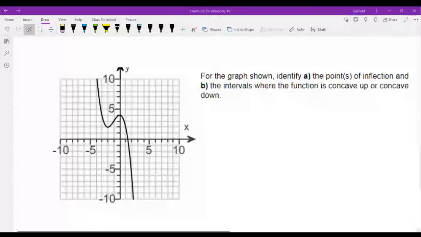And then eventually they're going to give us no graph and still ask us to do the same work. So this is actually problem number 1 in the homework. Identify the point or points of inflection and identify the intervals where the function is concave up or concave down. So this is kind of similar to the one we just did.